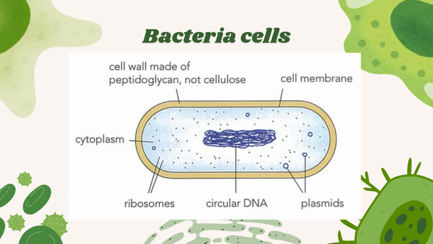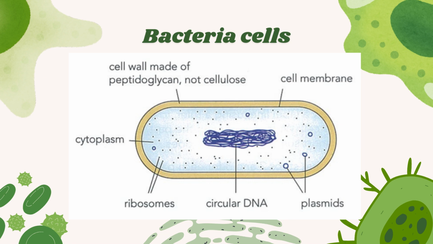Let's go through bacterial cells. Previously we discussed animal and plant cells. Now we are going to discuss bacterial cells. It is a little bit difficult. The main difference is that they have DNA, genetic material, but they don't have a nucleus.